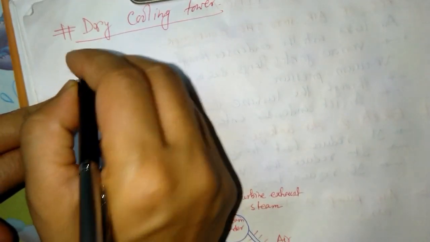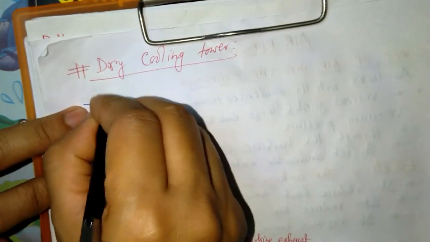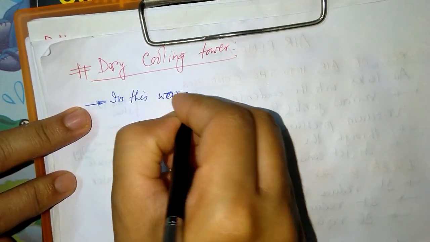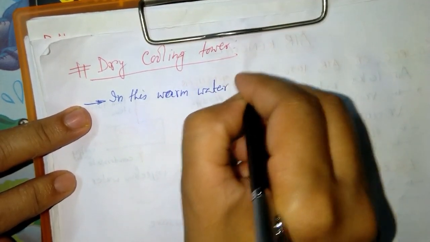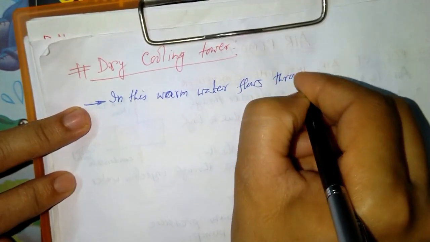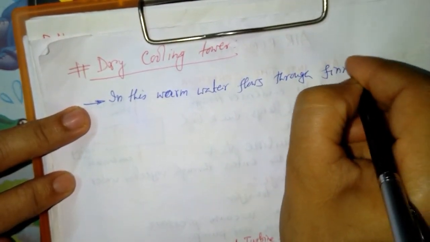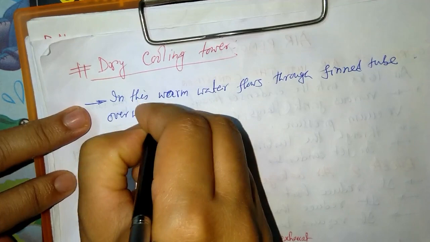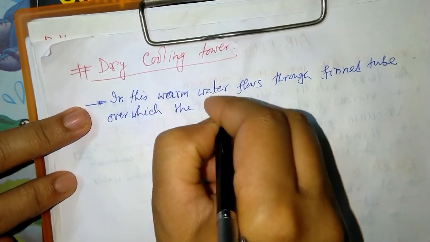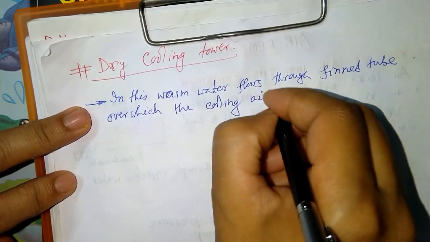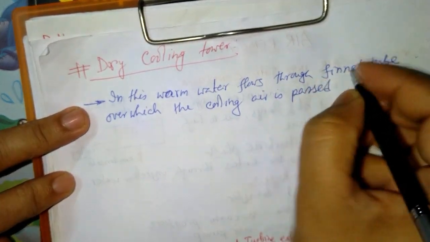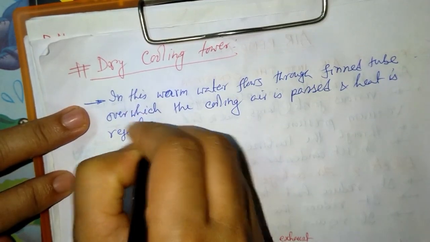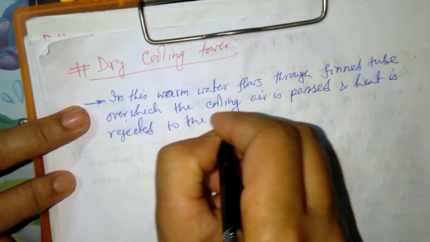In this, warm water flows through finned tube over which the cooling air is passed and heat is rejected to the air.